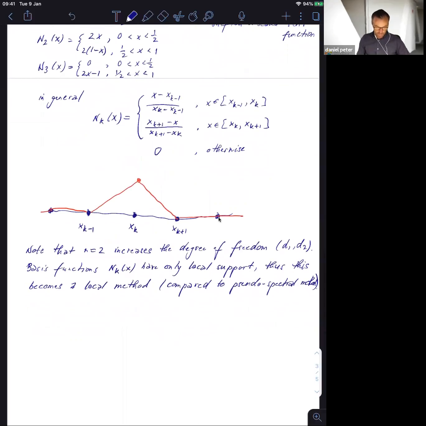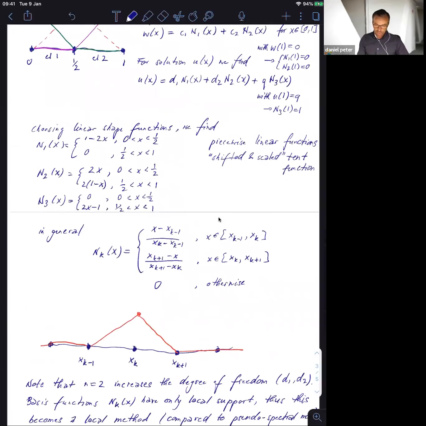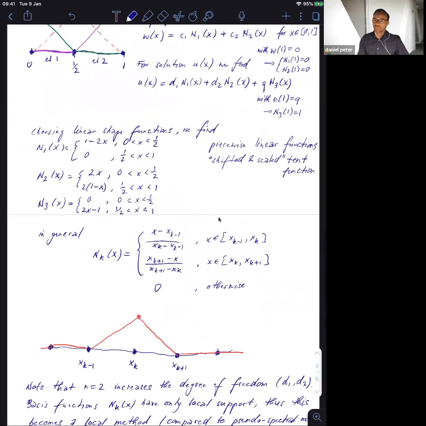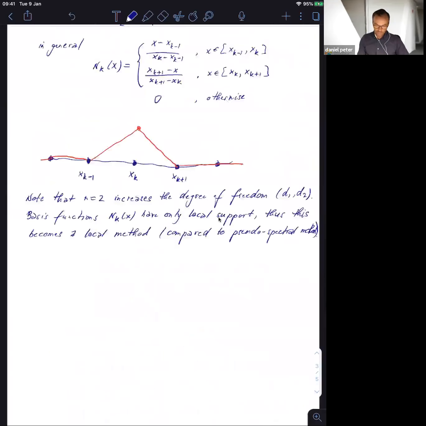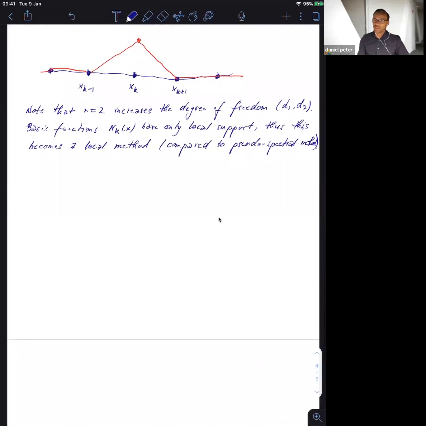Now also note that we just made the choice to have linear functions. That's a choice we can make. So we could also choose higher degree functions as basis functions.